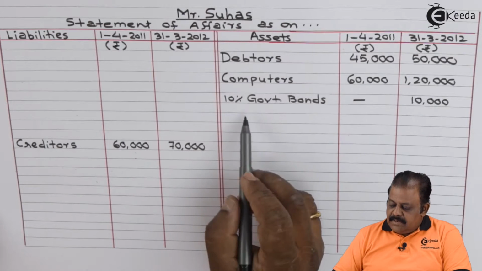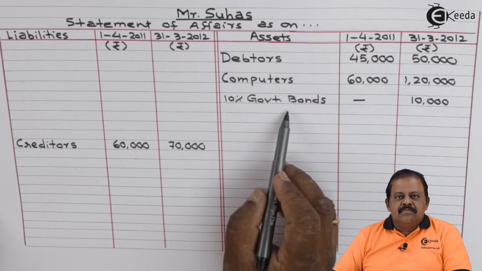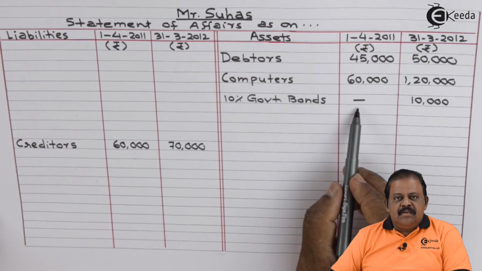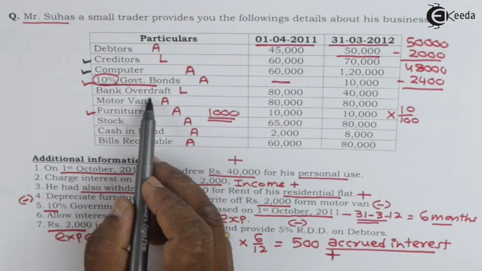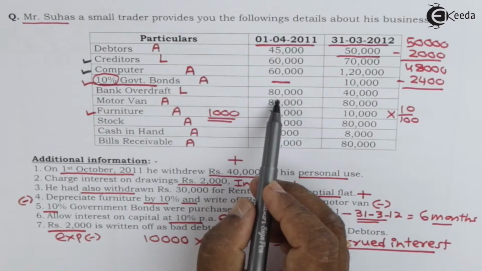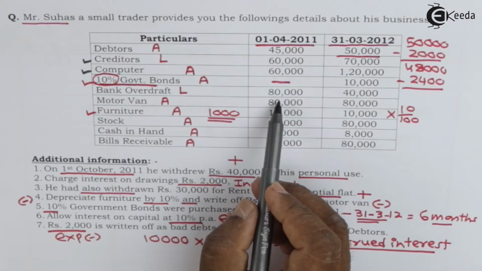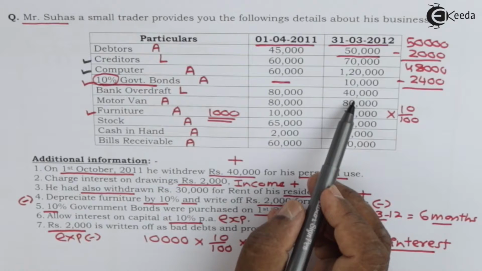Asset side, 10% government bonds, opening nothing, closing 10,000. Bank overdraft, opening 80,000, closing 40,000.